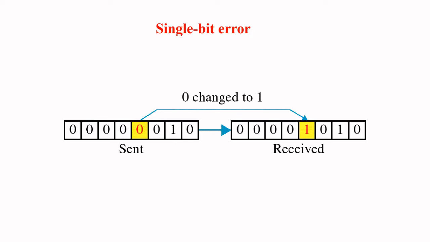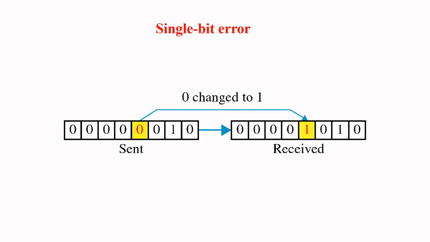Here data is shown in the digital form. There is 8-bit data 00000010, and the transmitter or sender sends it to the receiver. This data is sent and it travels through some communication medium. It may be wired or wireless, and after that it is received by the receiver.